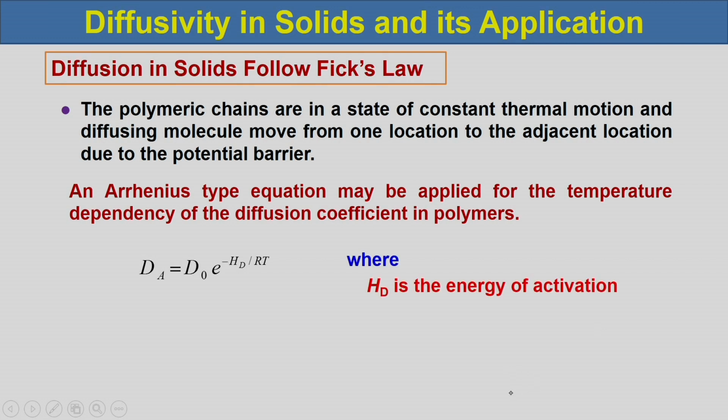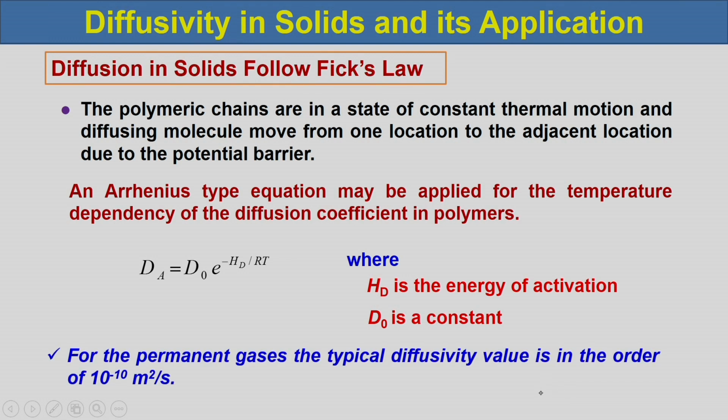Here H_d is the energy of activation, D_0 is a constant, R is the universal gas constant and T is the temperature. For permanent gases, the typical diffusivity value is in the order of 10^-10 meter square per second, but it varies from 10^-5 meter square per second to 10^-13 meter square per second.